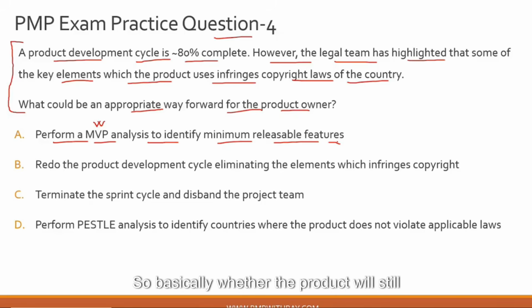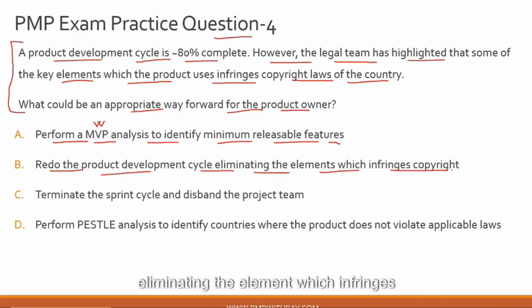So basically, whether the product will still be functioning if I eliminate these kind of items which infringe the copyright laws. Okay, that is what the option is saying. Looks like a good option to me, but let's park this option here for now and look at the other options. Option B, redo the product development cycle, eliminating the element which infringes copyright.